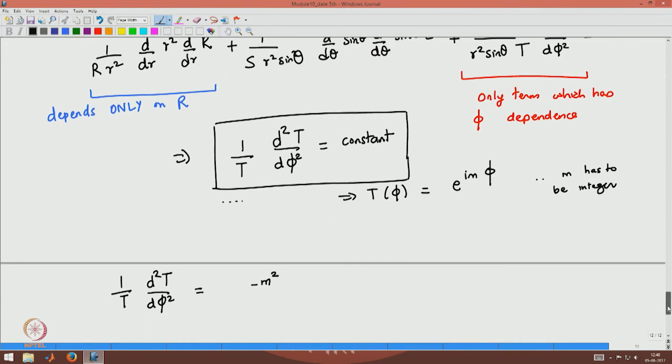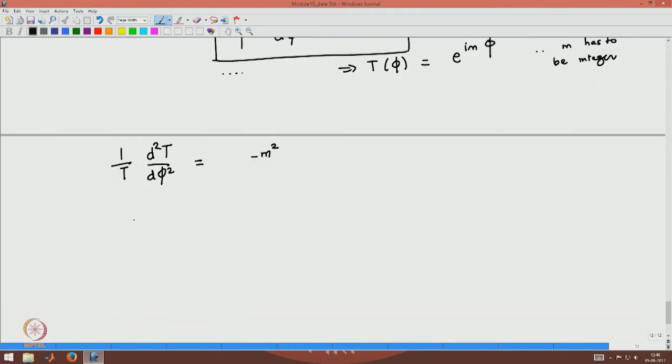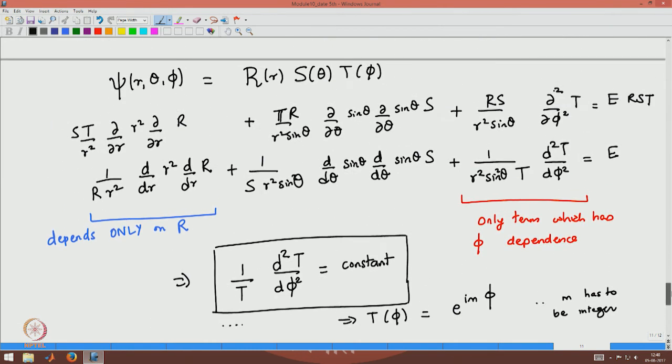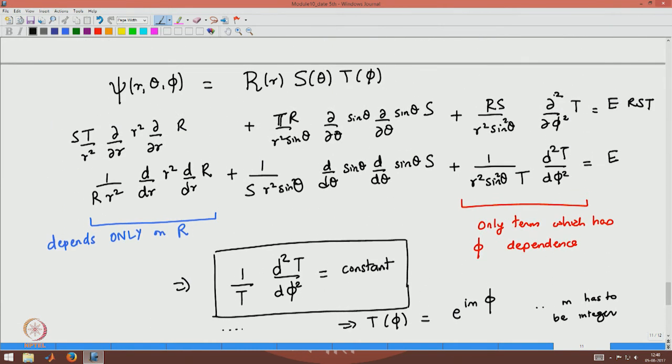So then what I can write is 1 over s sin square theta, there should be a square in front of the t term, so there should be a sin square theta there.